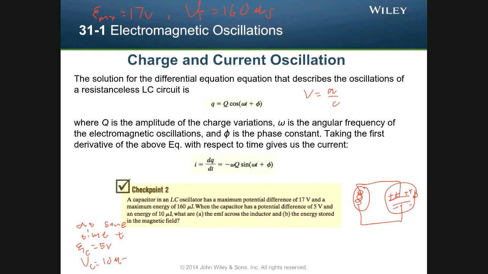All right? So now if we do part A, we can just use our loop rule, right? If this is 5 volts, V total has to equal V capacitor plus V inductor, right? So if this is 5 and this is 17, we can just solve for VL, which has to equal 12 volts. All right? So you're with me there?